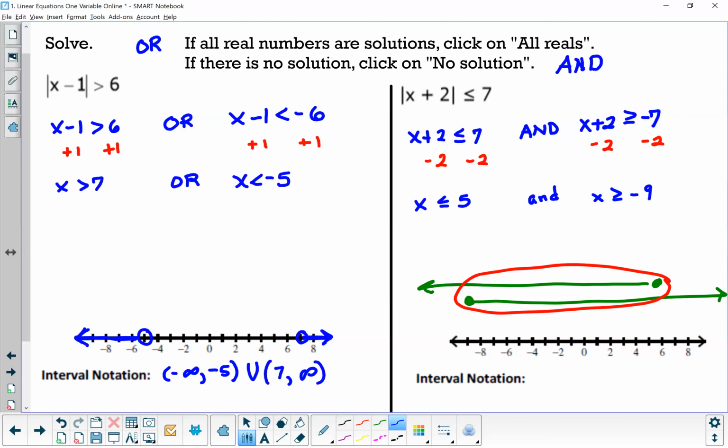So I put on my graph negative 9 and a solid circle at 5, and I'm shading between the two. In interval notation, we get a square bracket, negative 9, comma, 5, and then a square bracket. And that is that.